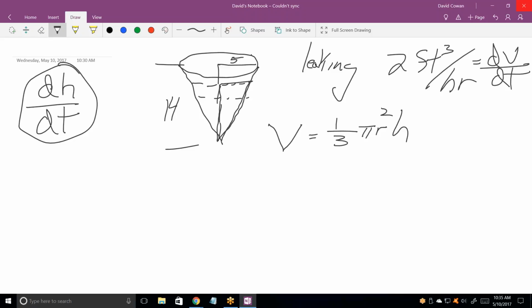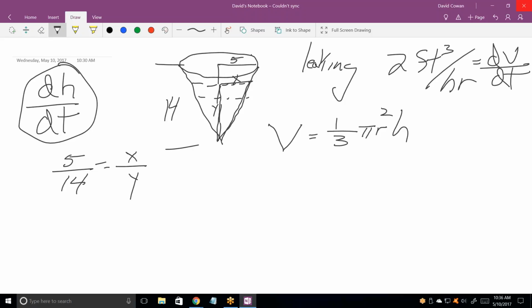Correct? Right. So I can conclude that 5 is to 14 as x is to y, if I want to call this measurement y, the height.